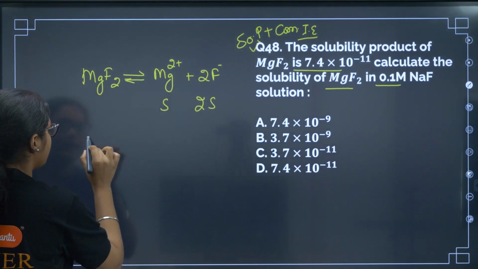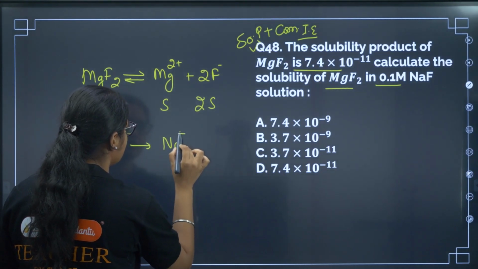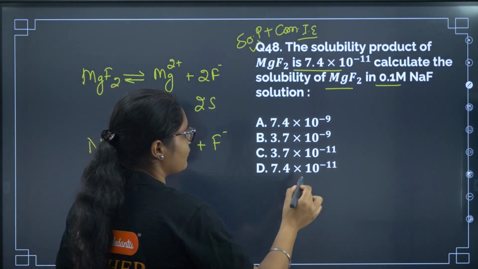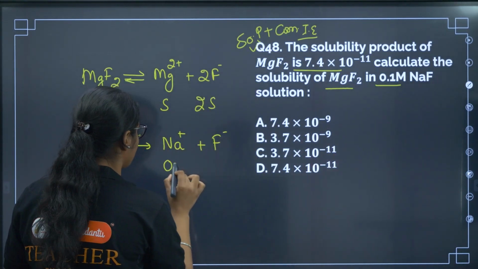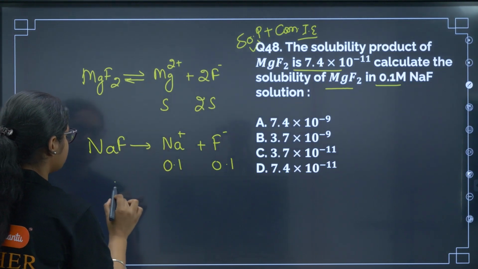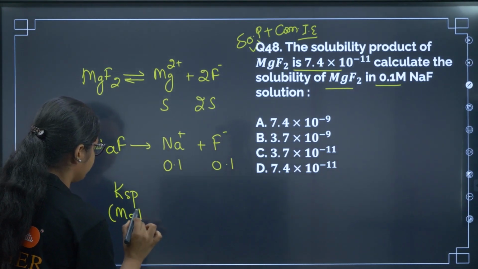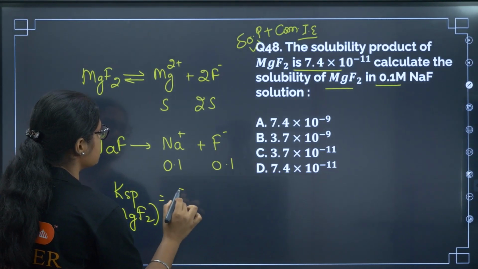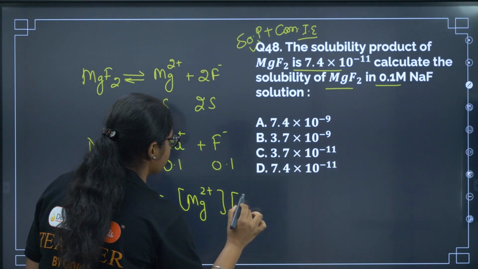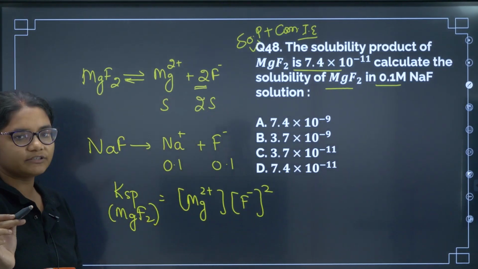Right. Now when NaF is present, how will it dissociate? Na+ and F-. The concentration of NaF is 0.1. So this one will be 0.1 and this one will also be 0.1. Now if you write the Ksp formula for MgF2, that will be the concentration of Mg2+ into the concentration of F- to the power of 2, because here the coefficient is 2.